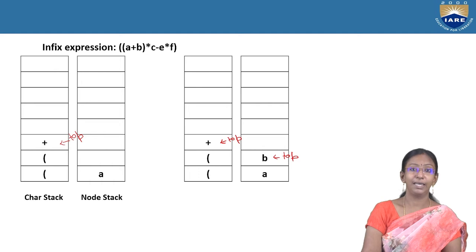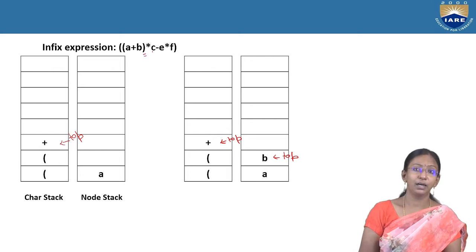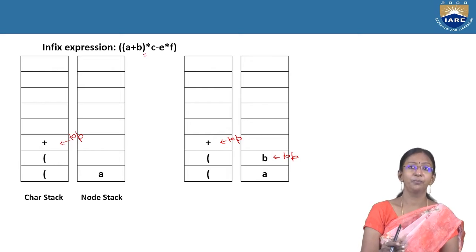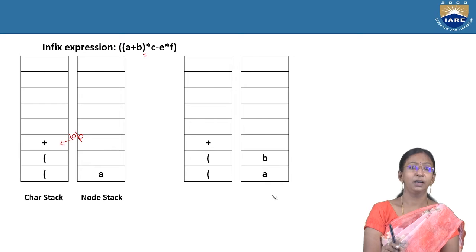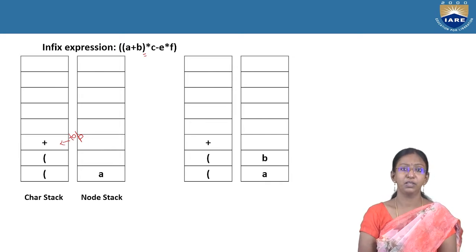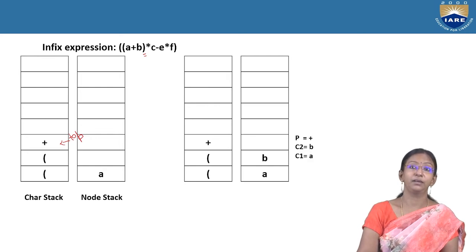Very good. What next? The next token that you are going to encounter is a closing bracket. Whenever you encounter a closing bracket, retrieve the top two elements from the node stack and make them child 1 and child 2 respectively. Then retrieve the element on top of the character stack and make it their parent.